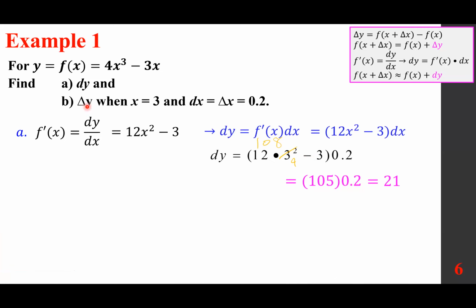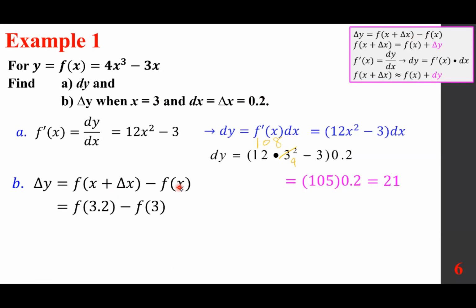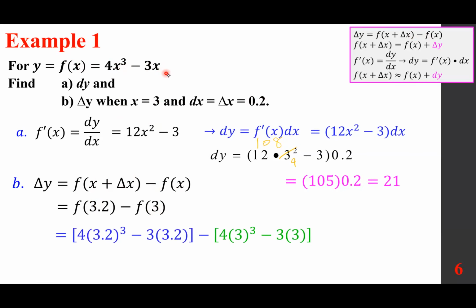If you want to find delta y, then we are going to use the formula for delta y, f of x plus delta x minus f of x, which means f of 3.2 minus f of 3. So we have to go back to the original function, replace the x with 3.2, replace the x with 3, and look at their difference. That's what we are interested in.